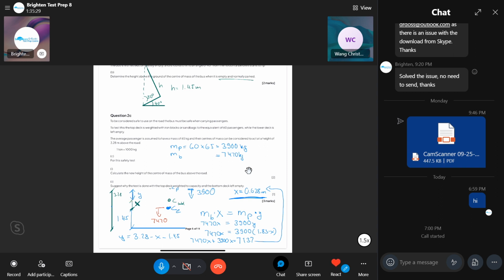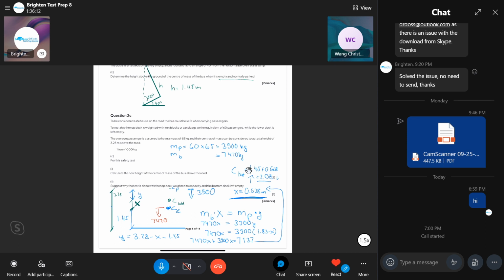So I can say my new center of gravity total will be my 1.45 plus my 0.268, as I started to solve it for x. And that would be 2 point, how much is that, Chris? 2.08.